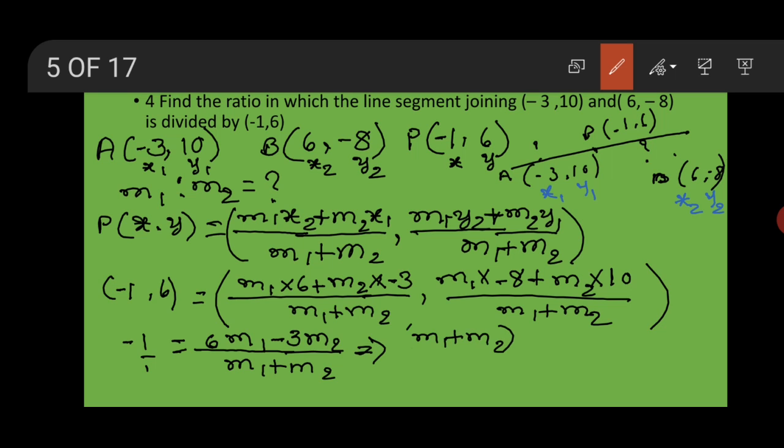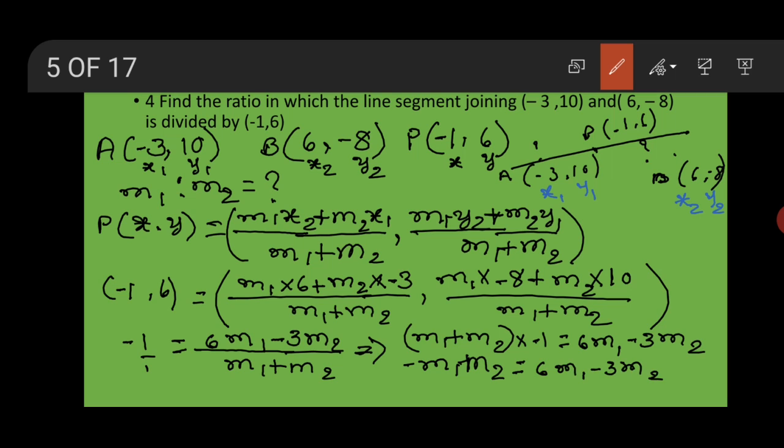This is enough. Now cross multiply, you will get, on cross multiplication, (m1 plus m2) into minus 1 is equal to 6m1 minus 3m2.